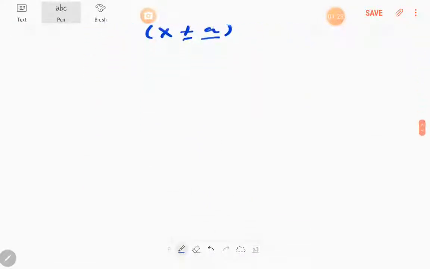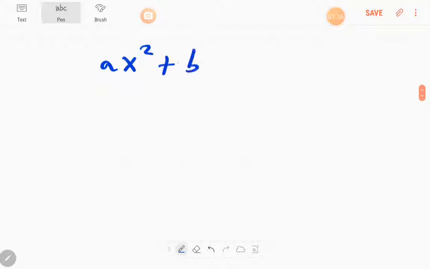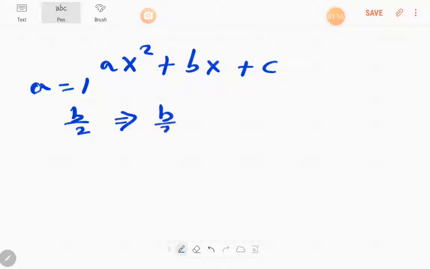Okay, so let's go through the procedure. If we have ax squared plus bx plus c, here we want a to equal 1. And then the first step that we're going to do, we're going to take b divided by 2, then take the b over 2, square it, and then that b over 2 squared is added to the first two terms.